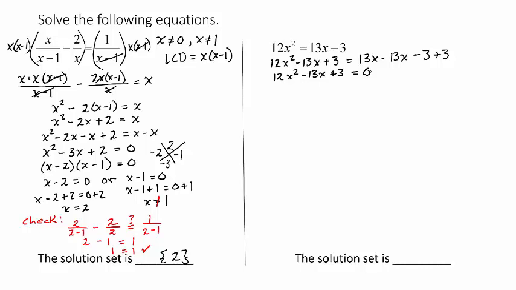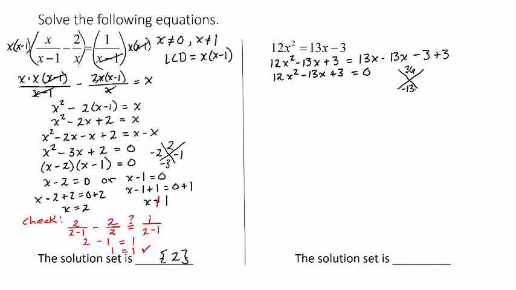So the next thing I would attempt to do is the AC method, right? So I'd multiply 12 and 3 together, and that gives 36. So I'd have 36, and I'm looking for factors of 36 that add to negative 13.